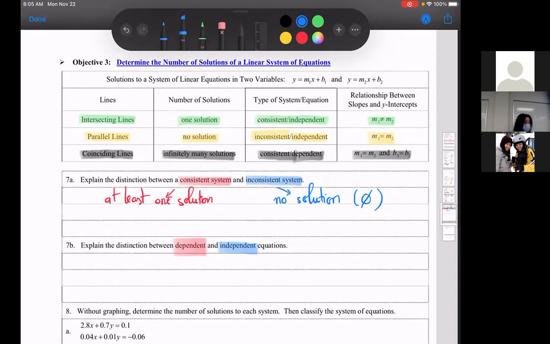Dependent means, why do they call it dependent? If you depend on someone, what does it mean? If I have to depend on someone so I can walk, I have to lean on that person, right? So dependent means what?